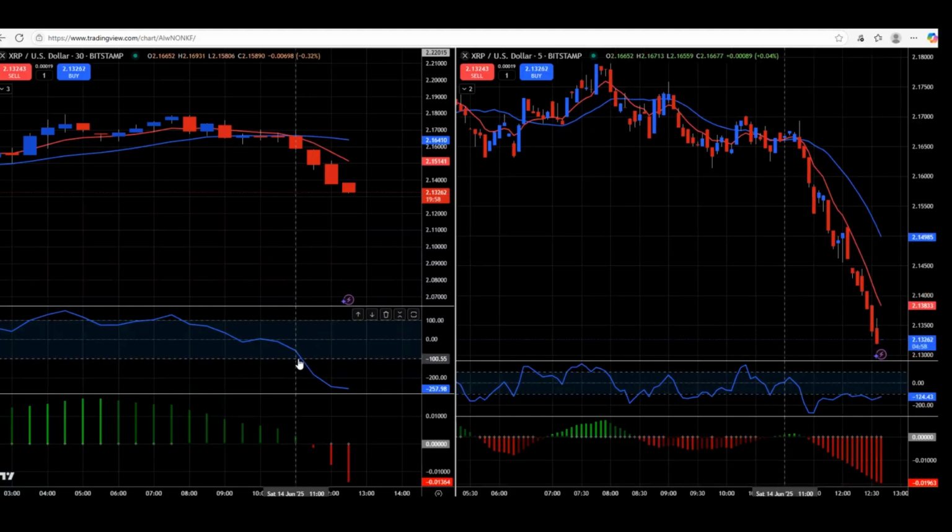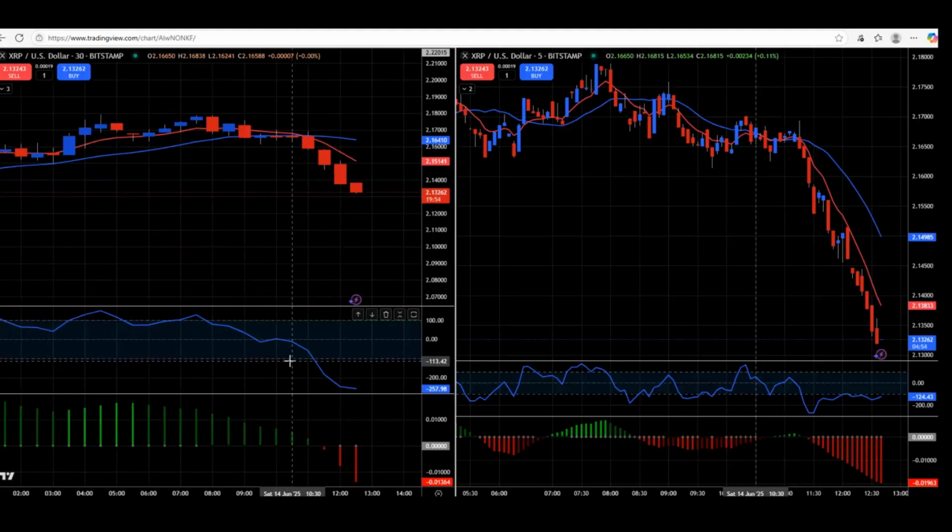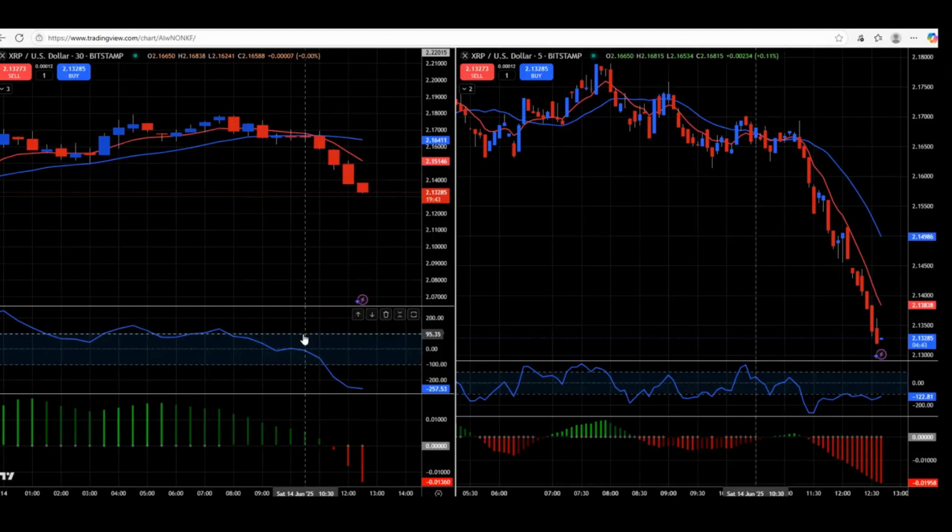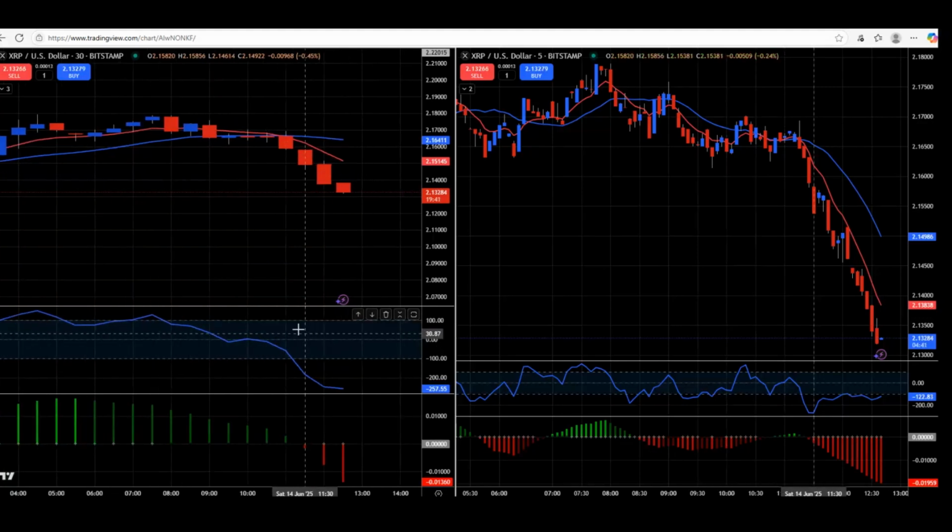So guys, when it comes to the CCI, it comprises of two parallel lines, right? So we have the negative 100 line in this area, which we use most often, and also the positive 100 line in this area right here.